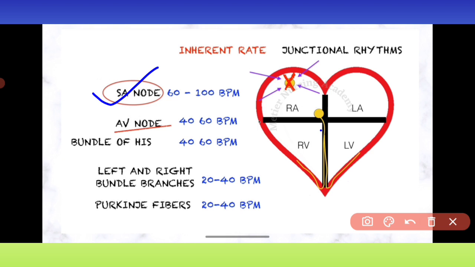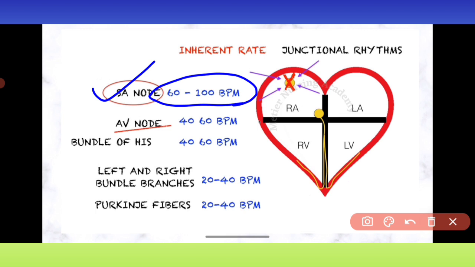It will conduct from SA node to AV node, from AV node to bundle of His, from bundle of His to right and left branch, and from here Purkinje fiber. This is how the electrical activity will conduct, right? If the SA node is conducting the electrical activity, the normal heart rate is 60 to 100 beats per minute. We are discussing about the normal one.